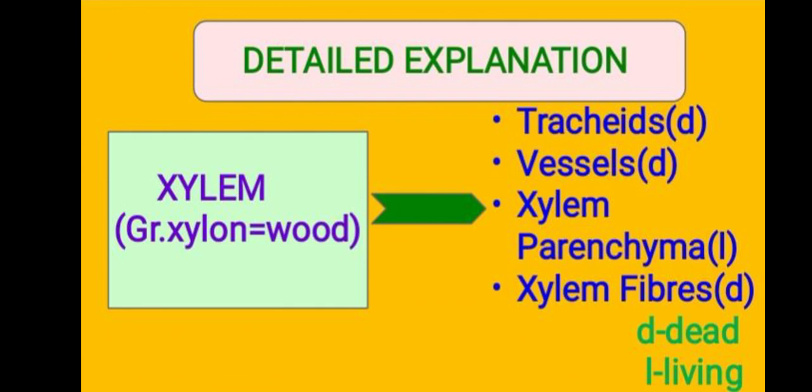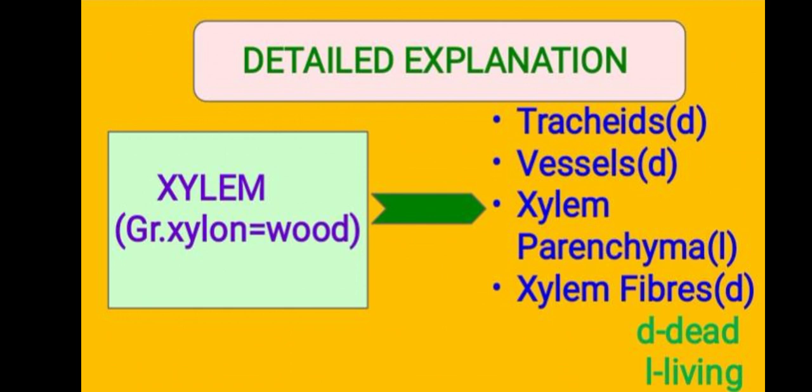The term xylem has come from the Greek word xylon, which means wood. Xylem is made up of 4 different types of cells which are called the elements of xylem. These are tracheids, vessels, xylem parenchyma and xylem fibers.